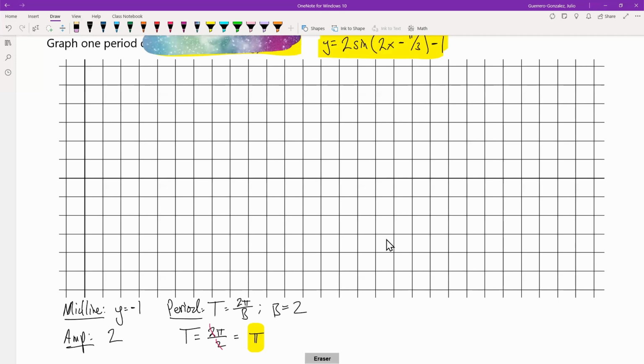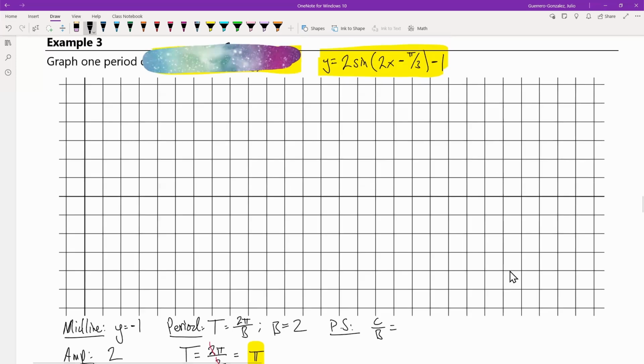Let me get rid of that little, there we go. Okay. Next thing, phase shift. We know that the phase shift is going to be the pi over 3, right? Well, let me actually put the variables first. It's going to be my c divided by b. My c in this case, I do have a c. It's that pi over 3, divided by my b, 2. If you compute this out, let me actually scroll down a little bit.